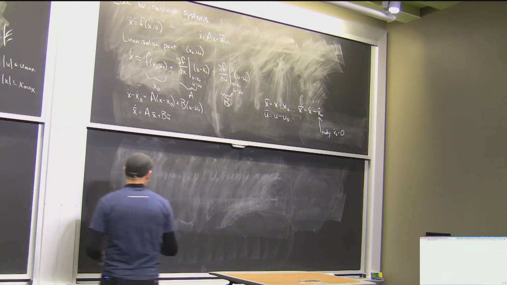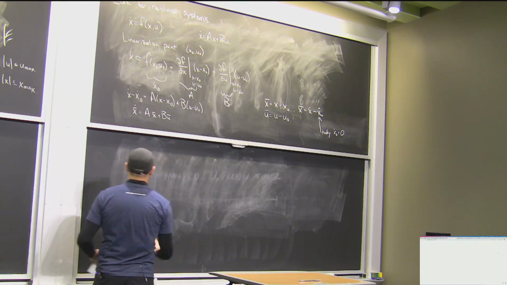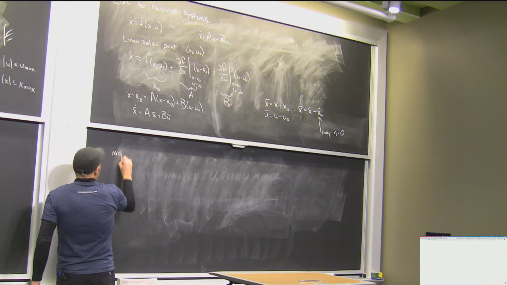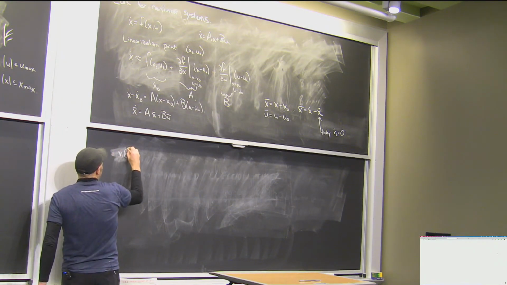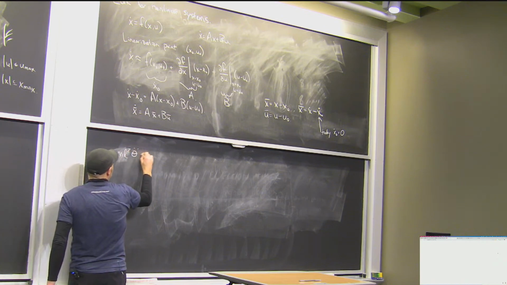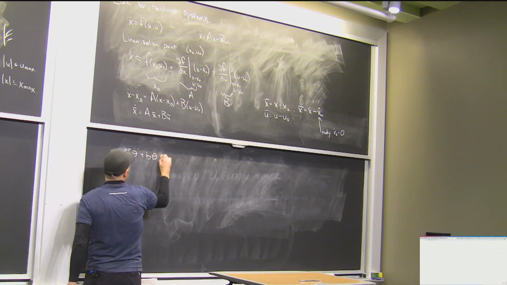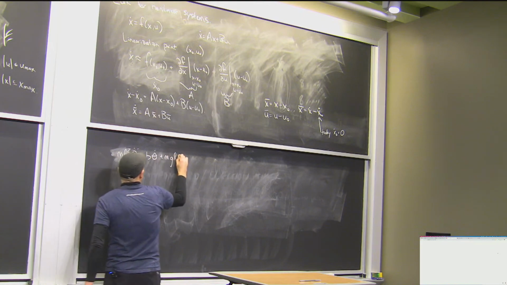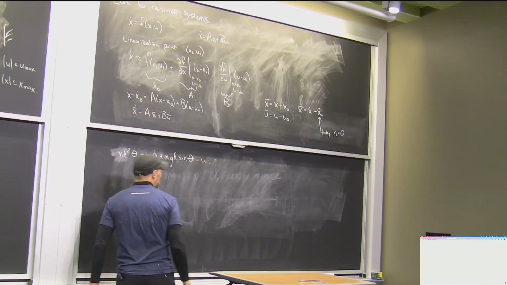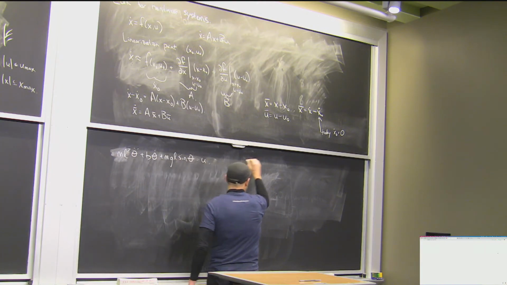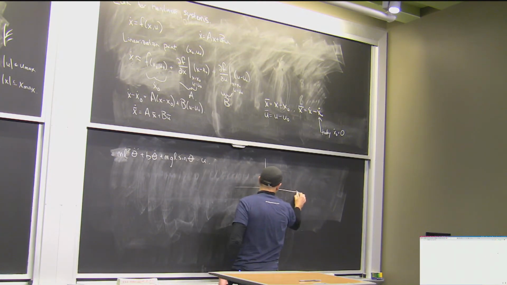So let's just think about what this looks like for the pendulum, okay? So we had ml squared theta double dot plus b theta dot plus mgl sine theta equals u, right? And this generated this eyeball thing, right, in state space.